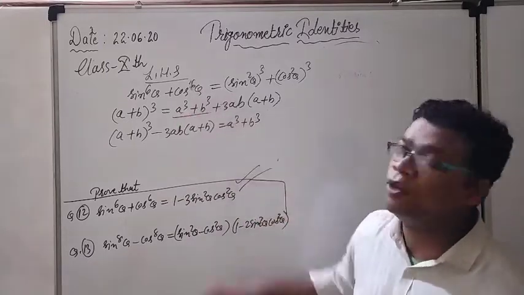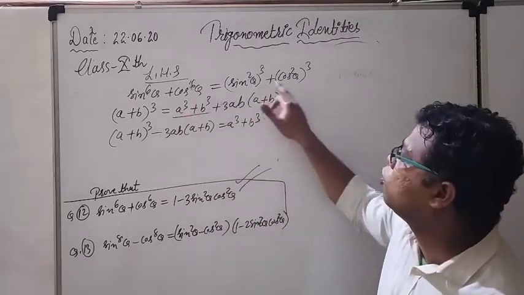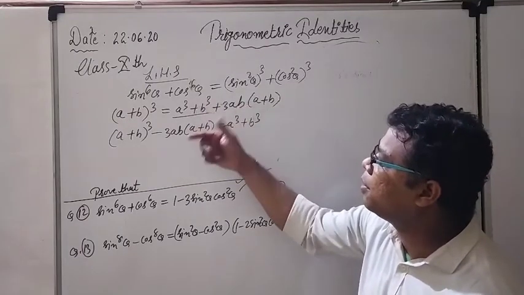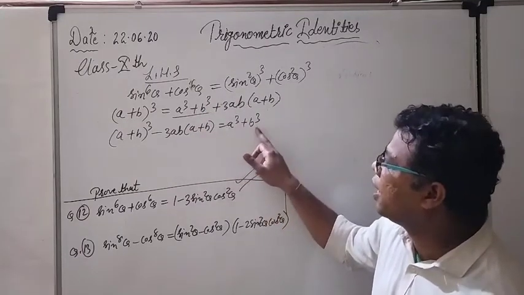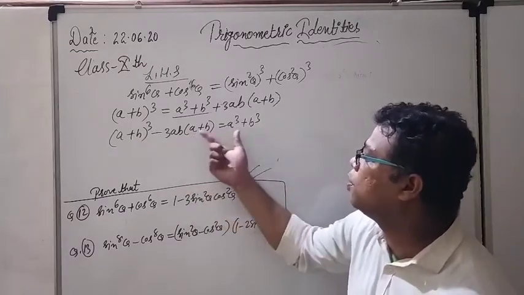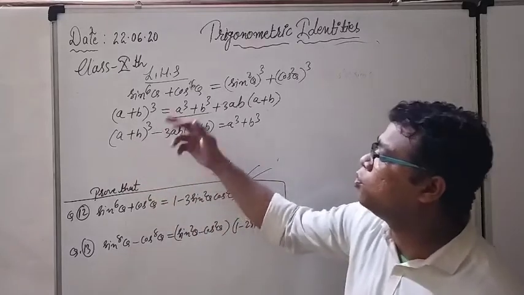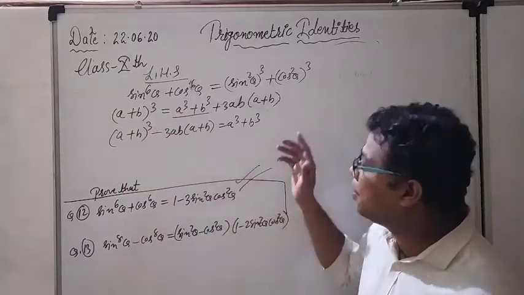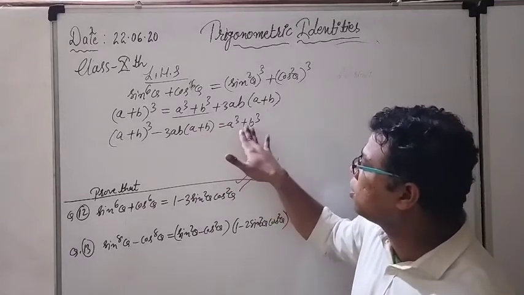The format of the question is A cube plus B cube, so from this identity I get A cube plus B cube, which is A plus B whole cube minus 3ab inside the bracket A plus B. Now I am putting this format.